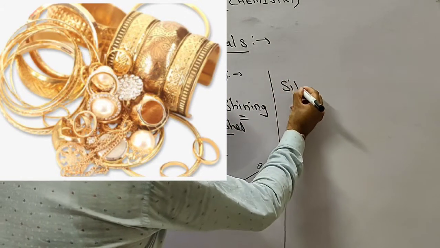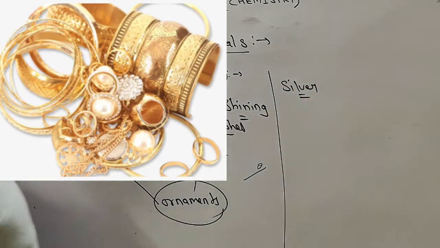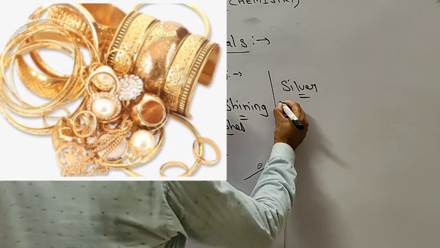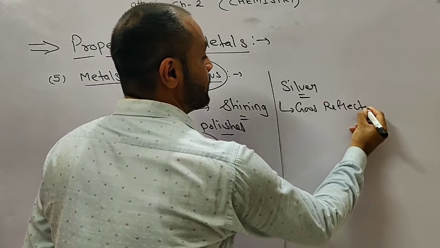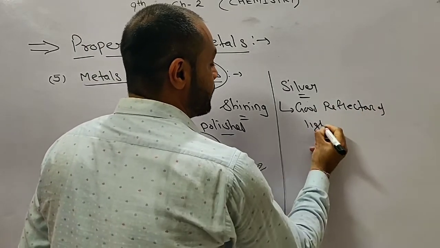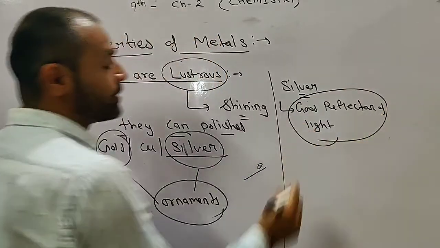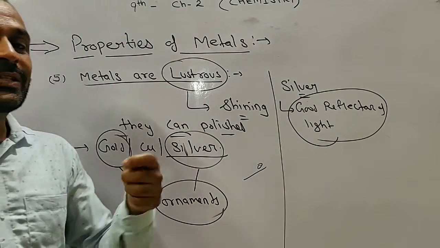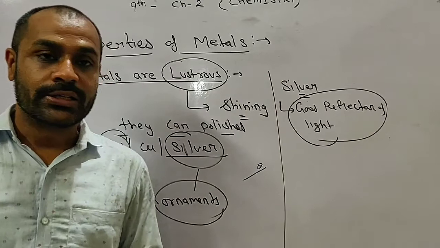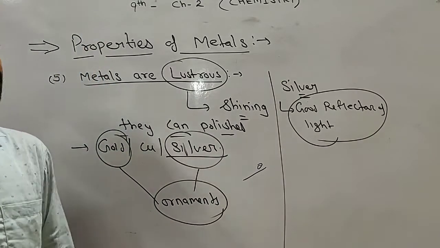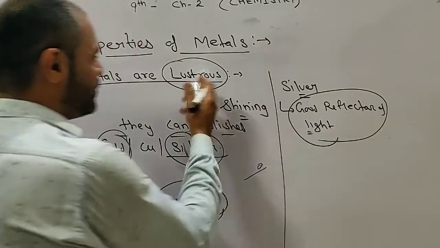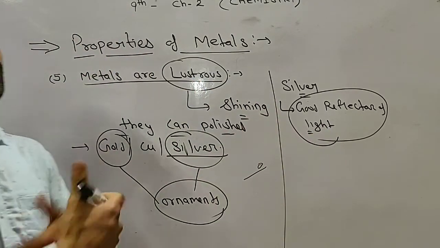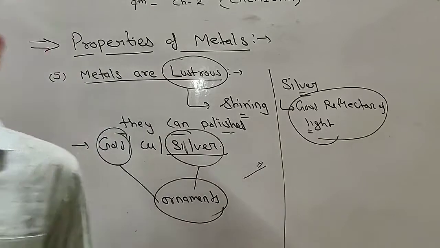Like silver, again, silver is a good reflector of light. Reflector of light means maximum light is reflected by the silver. So because of this reason it has a very shining surface. Okay, so lustrous means what? Means good reflection of light actually.